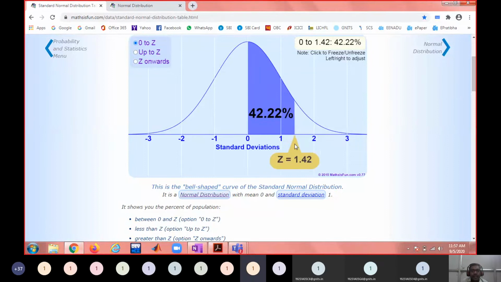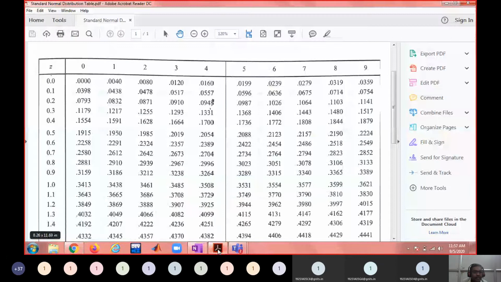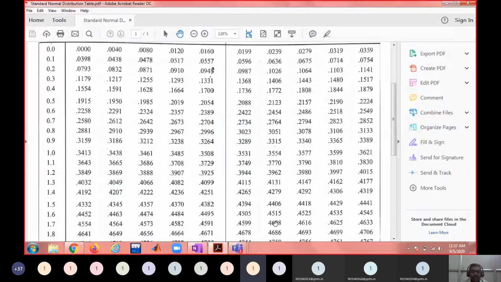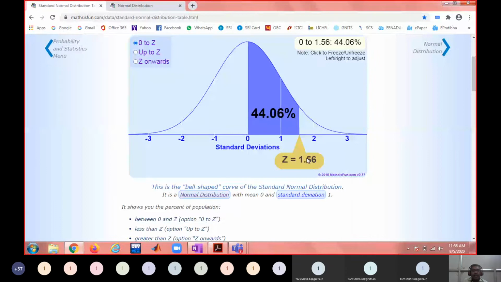That is how we compute the probability. For 1.56, the expected probability is 0.4406. Are you able to see this? Like that, we'll be computing the probabilities.